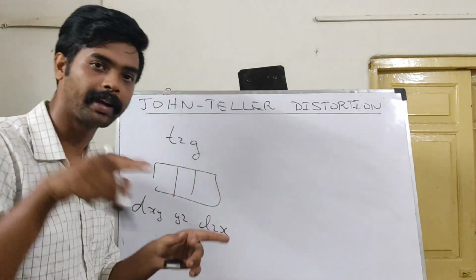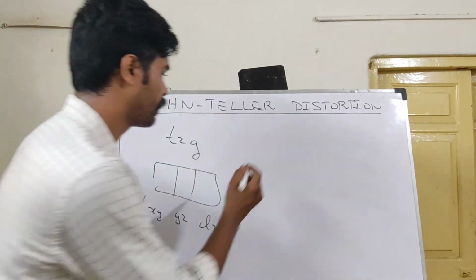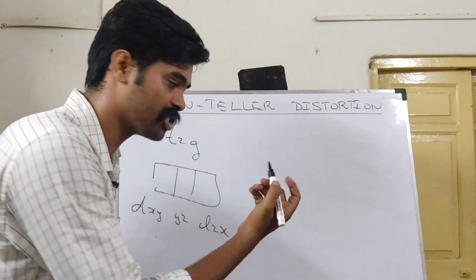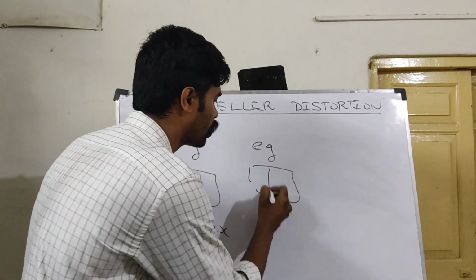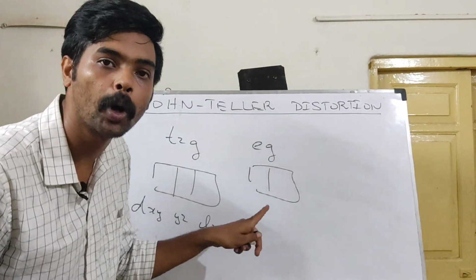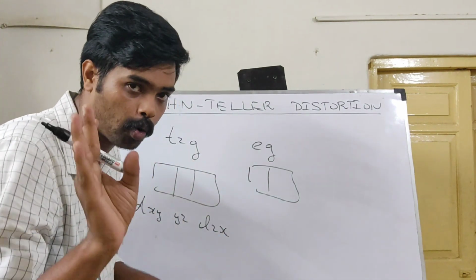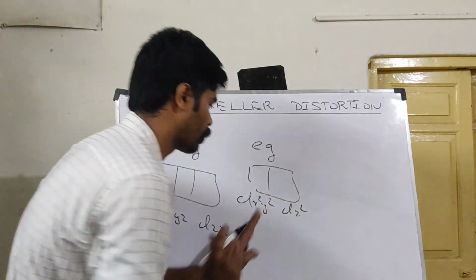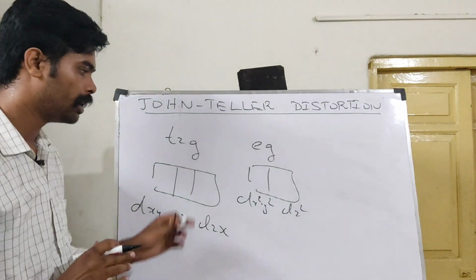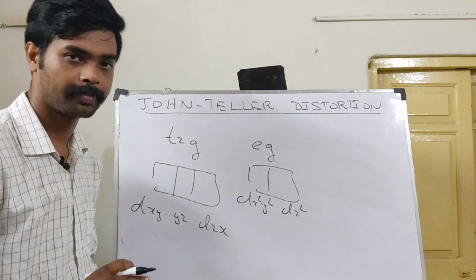These have the lobes pointing in between the axes. And when I go for the next one, that is the higher energy level, that is called the eg set, and those are the d orbitals which have their lobes pointing along the axes. We know what these 2 are, that is dx² − y² and dz², right? So this is how the splitting happens, right?